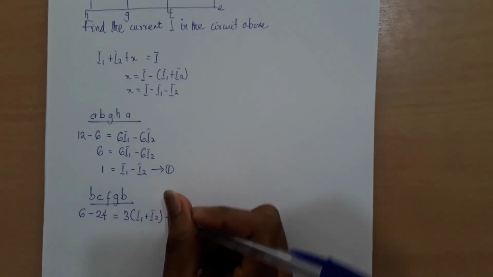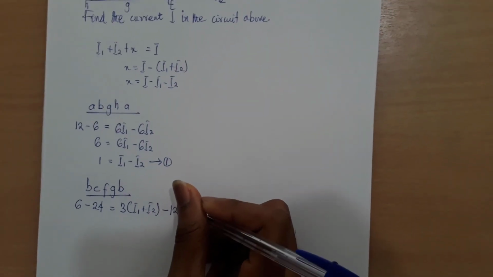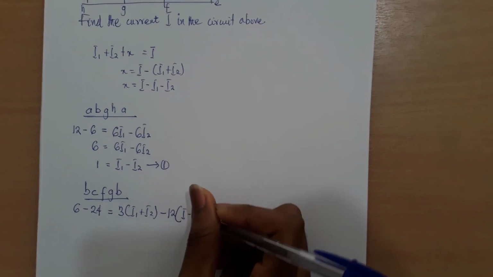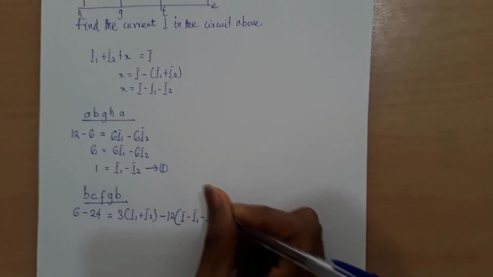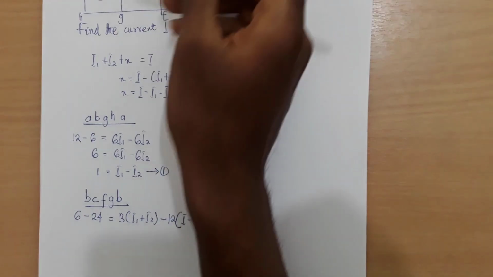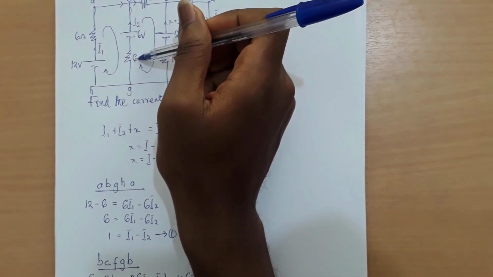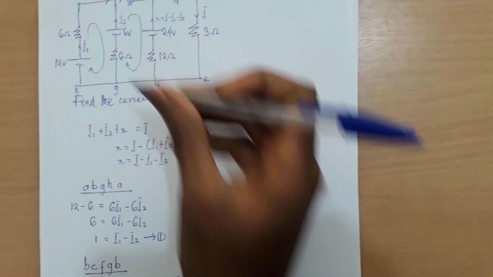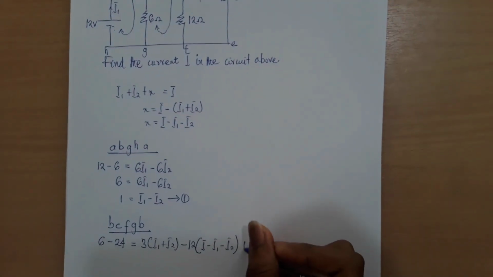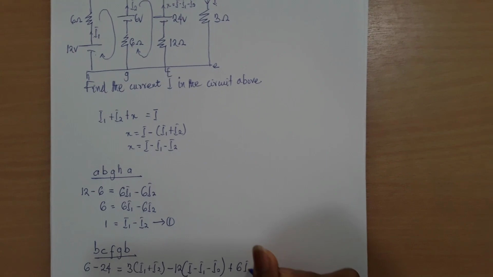So it shall be minus 12 multiplying the expression I minus I1 minus I2. And we have the last one here. I2 is what will travel through the 6 ohm resistor. So we shall have plus 6I2.